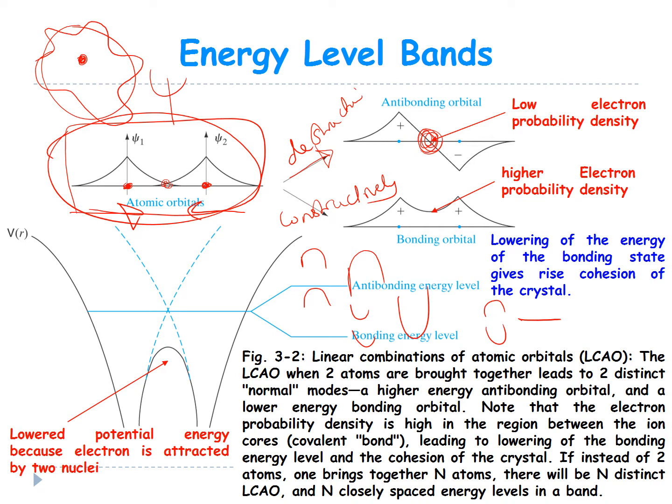But when they constructively interfere, you'll find that the probability density function is much higher, which signifies a covalent bond. Because here you have electrons and there is an interaction between the two nuclei, one nucleus from this atom and another from that atom.